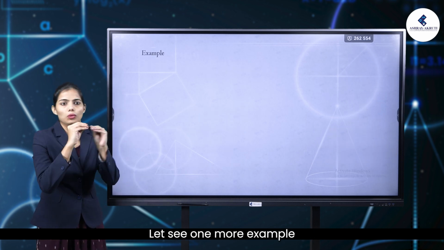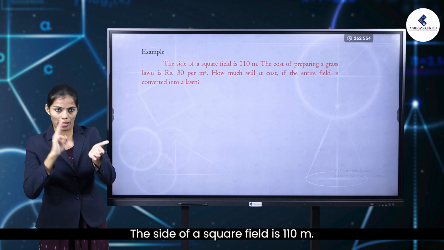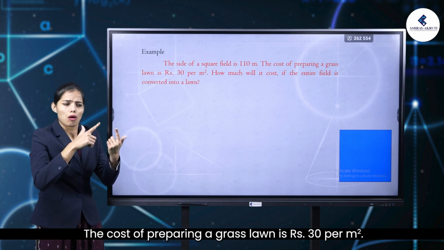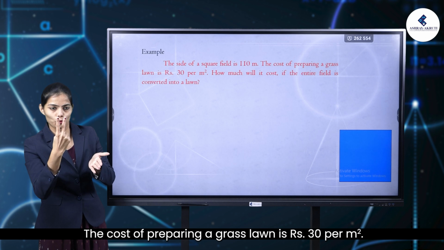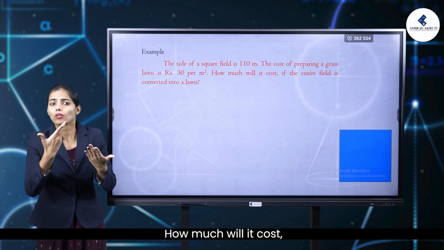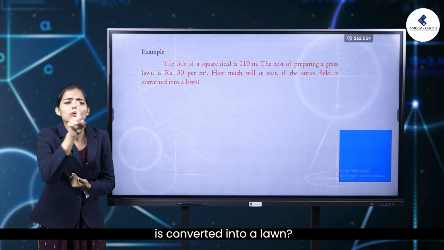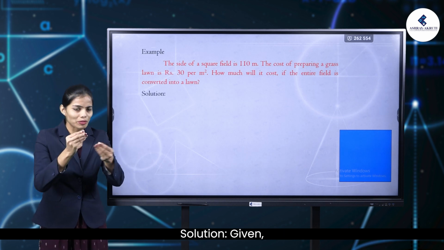Let's see one more example. The side of a square field is 110 meter. The cost of preparing a grass lawn is rupees 30 per meter square. How much will it cost if the entire field is converted into a lawn? Solution: given.